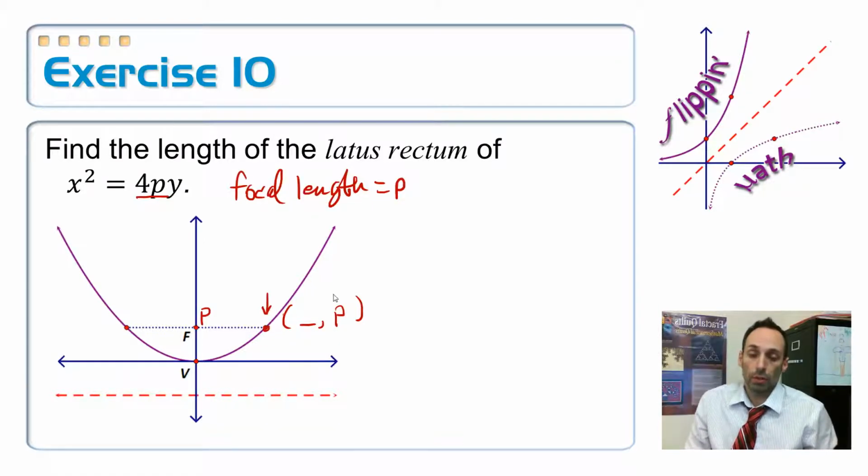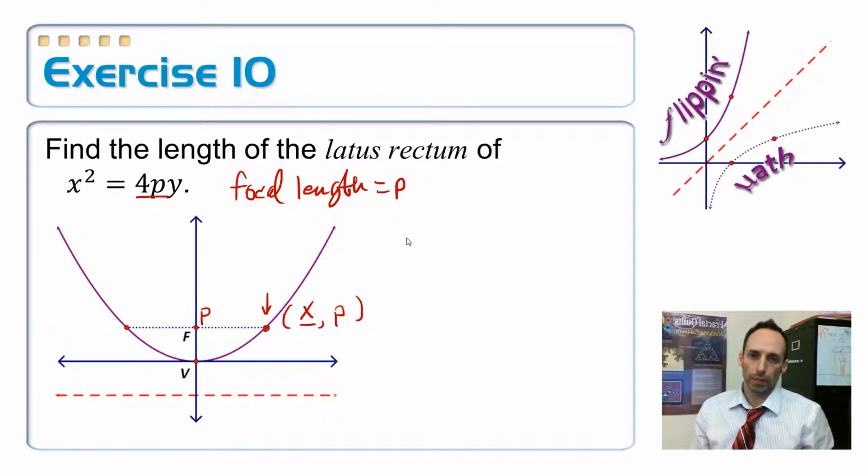Now, I don't know what the x-coordinate is, so I'm just going to call it x. We're going to put that into the equation so we can find out how long this thing is.